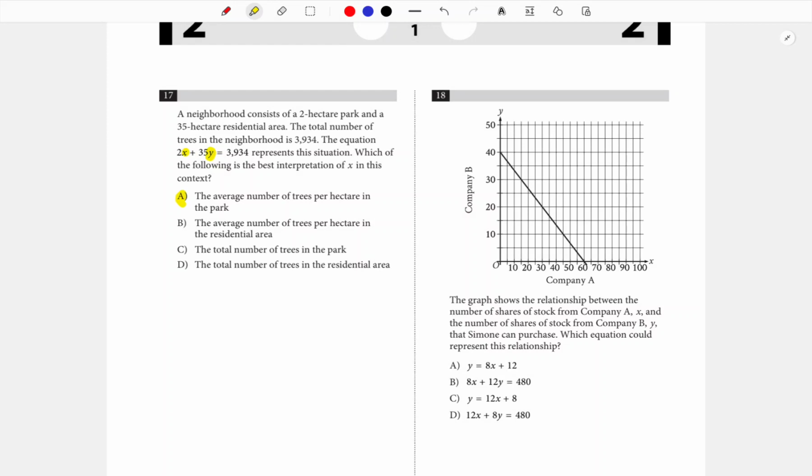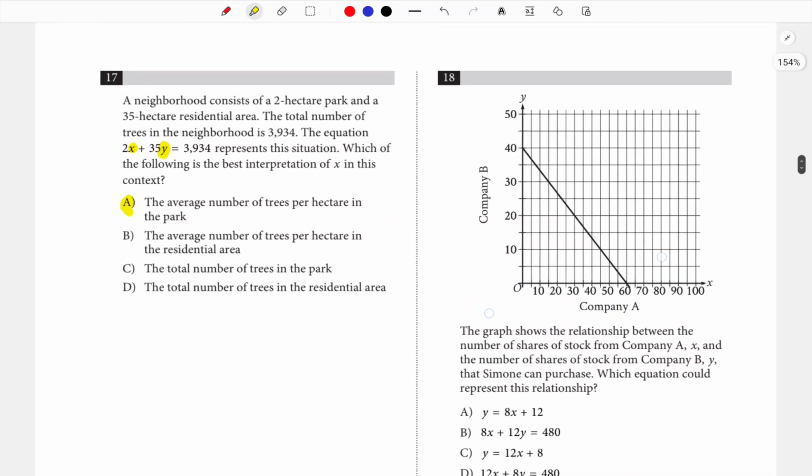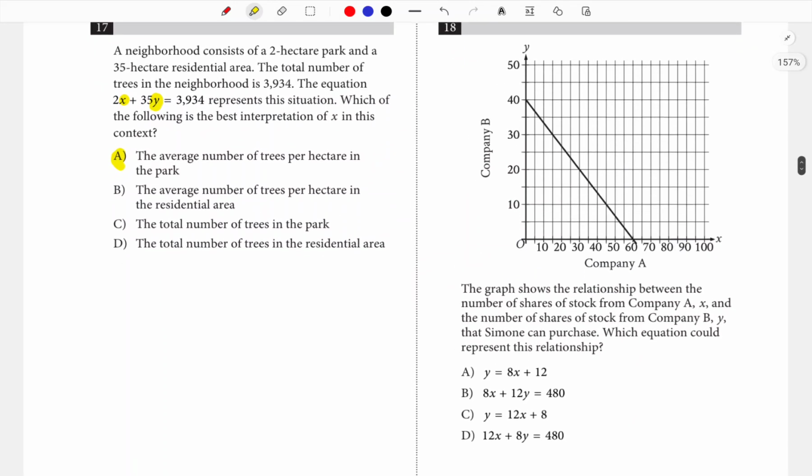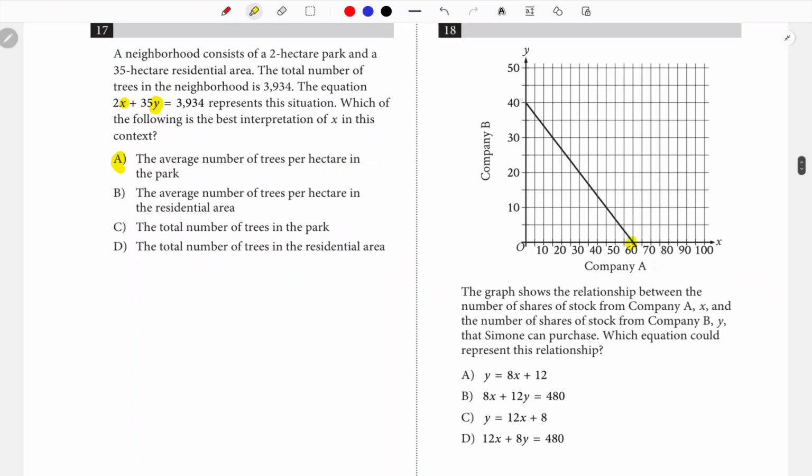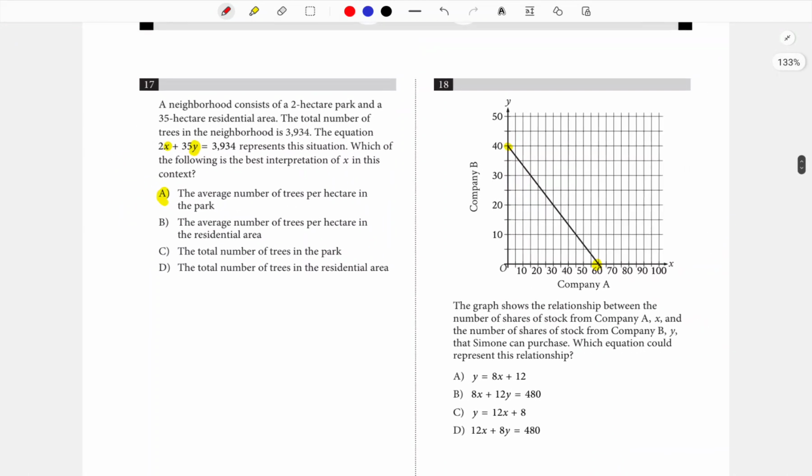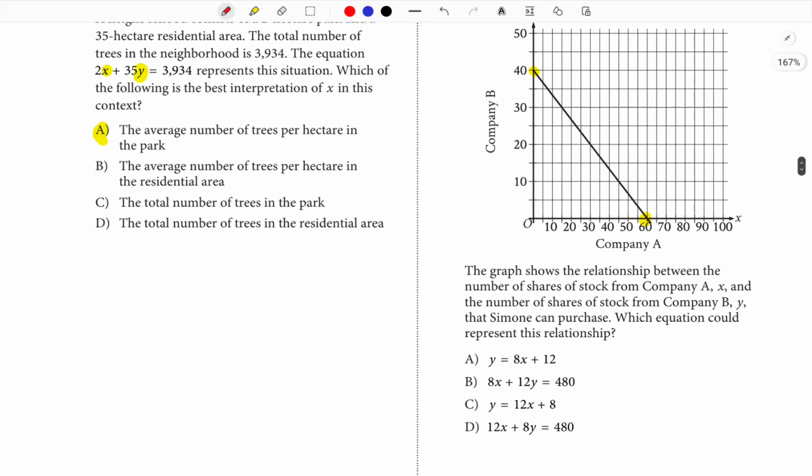So guys, you can see 60 and 40. Okay, first one, I find the slope.